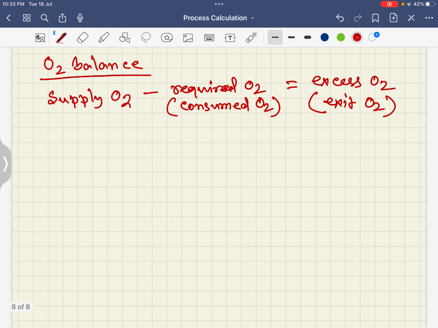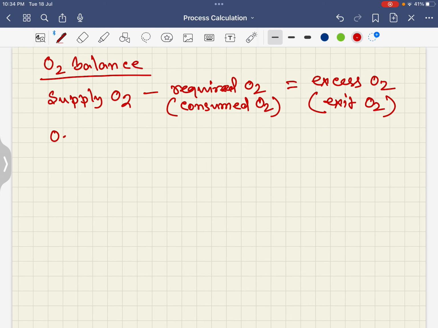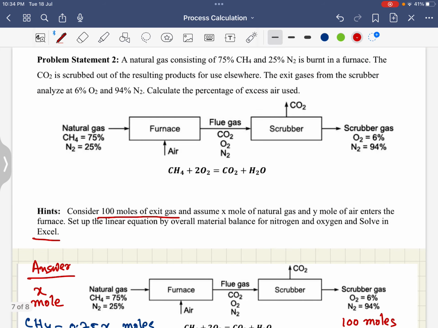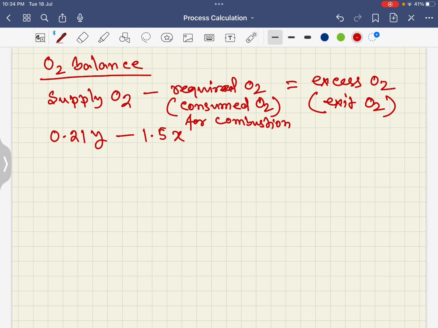Now supply oxygen is here 0.21y moles, minus required oxygen for combustion, that is 1.5x moles.